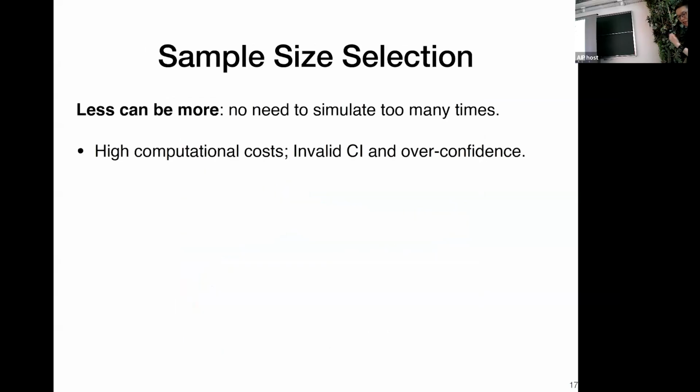The key takeaway is that less can be more. There's generally no need to simulate too many times, because if your data is biased, simulating too many times will just mislead you. That also incurs high computational cost and gives you an overly short, invalid confidence interval that results in overconfidence. Your error bar is not a real error bar.